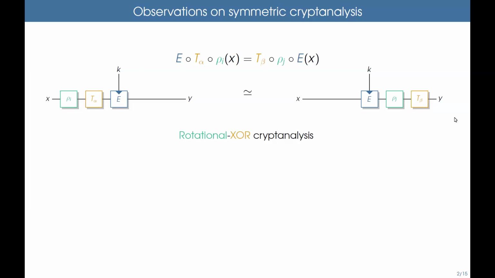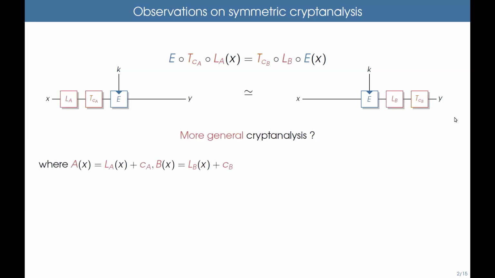So our question was to ask, what happens if we try to be a little bit more general here and use a bijective linear mapping instead of this rotation? In that case, we obtain a bijective affine mapping in input and in output, and this is what we will talk about during this talk.